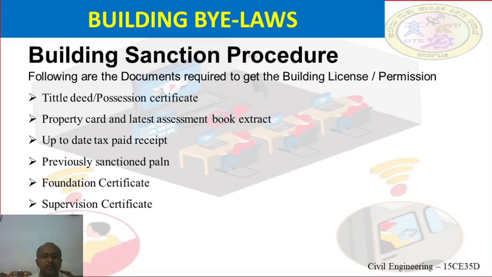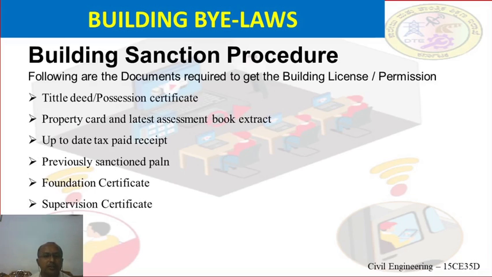This is nothing but from the Survey of India or from the land records. The City Survey department will have the property card and latest assessment book extract. From those land survey records or city survey records, the assessment book extract can be produced during the sanction of the building procedure.